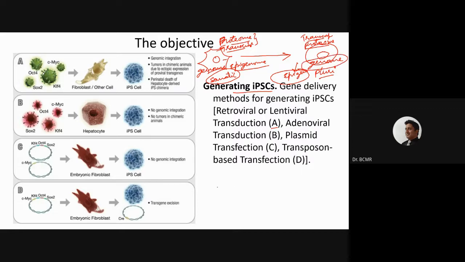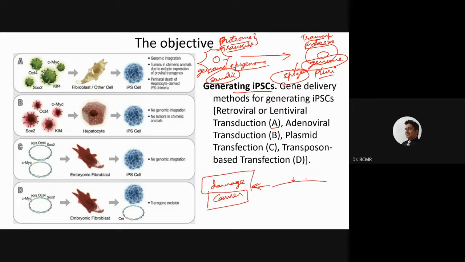Why don't we want any change in genome or genetic manipulation? If we make any modifications to the genome, there is always risk of damage, and there is always risk of cancer formation.